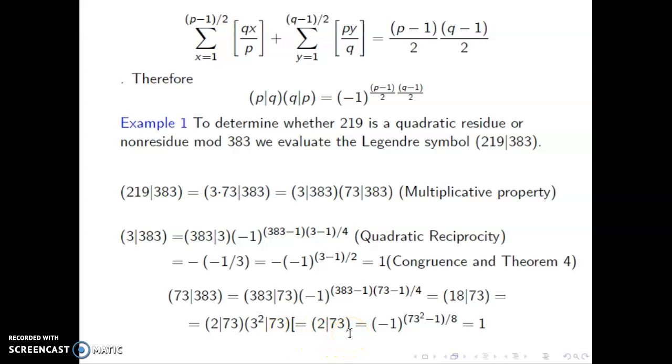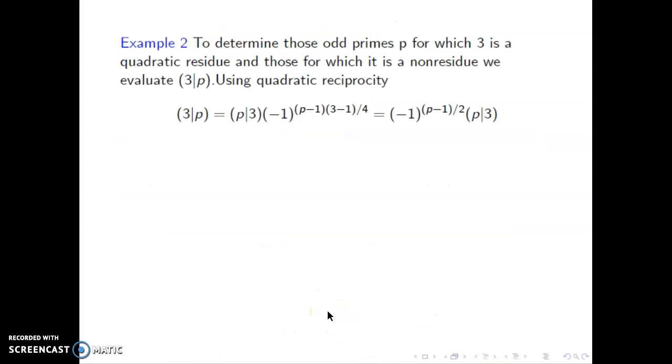Now I make use of the rules that I learnt earlier for 2 over p, and I get this as minus 1 raised to 73 squared minus 1 by 8, which when I simplify I get 1. Therefore, now I can put both these back into this equation and I get 1. Therefore, 219 is a quadratic residue mod 383.